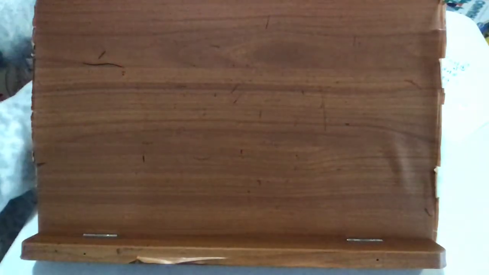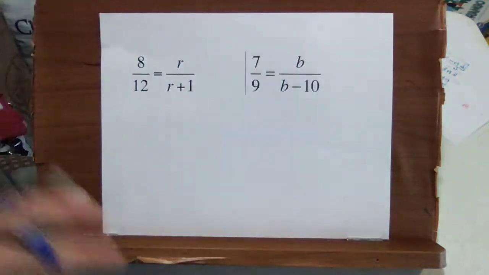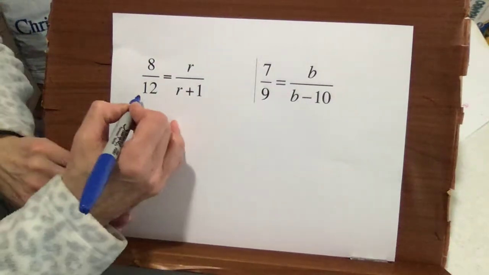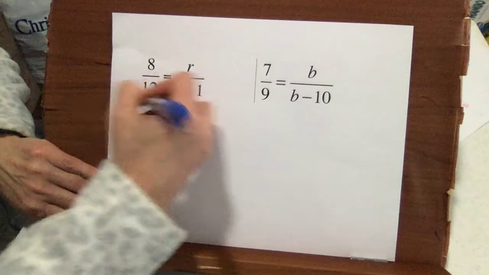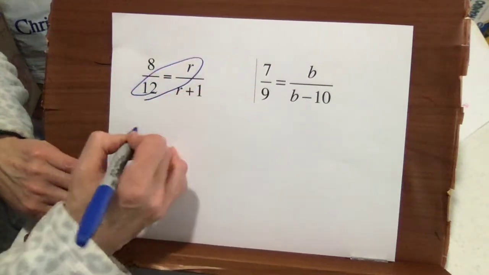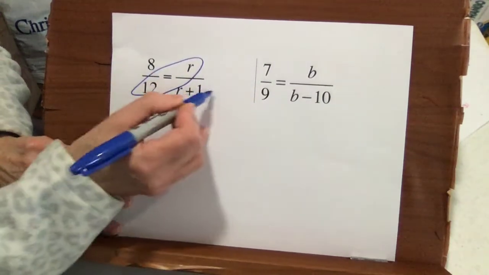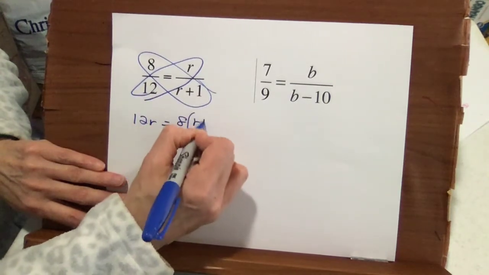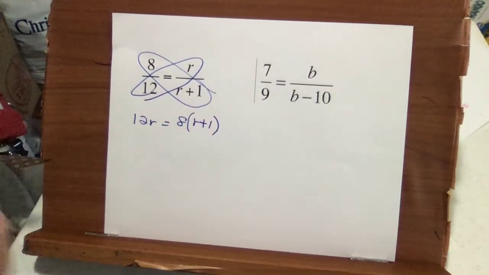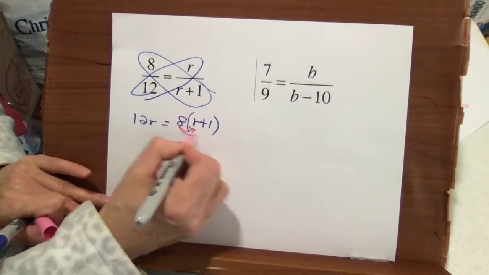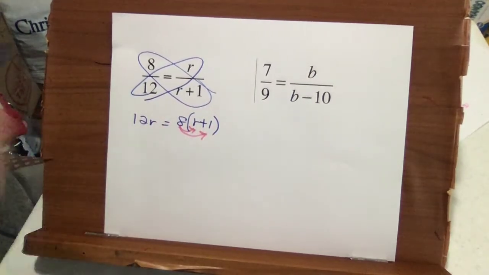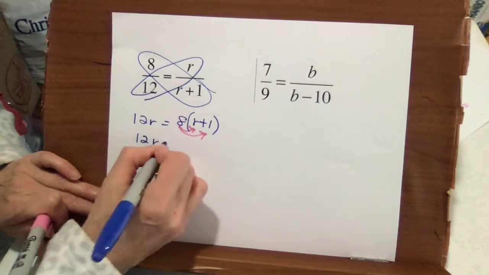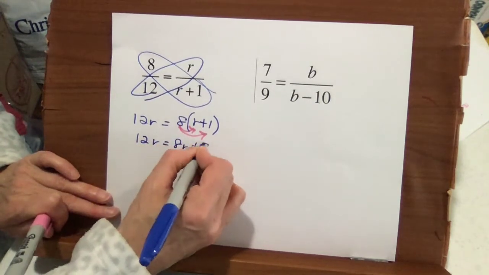All right, next, we get a little more complicated looking, but not too bad. Again, you know your rule, crisscross, so you're going to cross multiply. 12 times r, so 12r. 8 times the quantity r plus 1. We're going to do a little distributing here. So we're going to get 12r equals 8r plus 8.